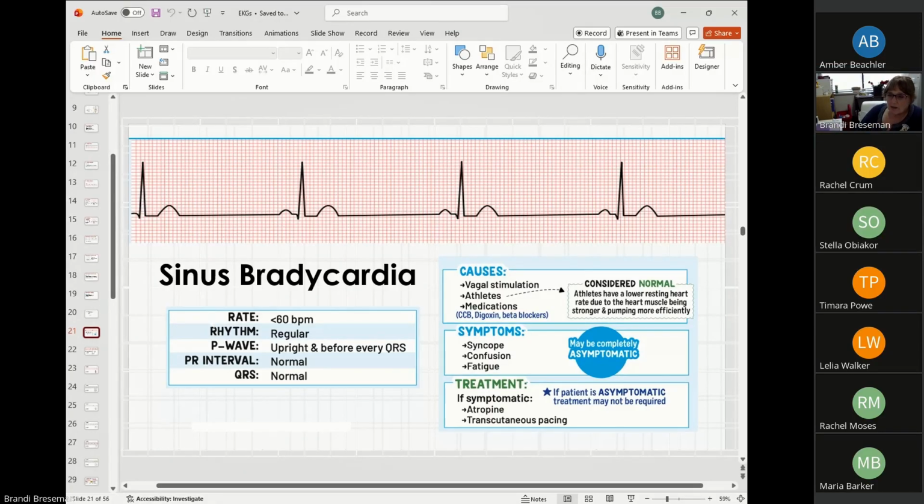Now, what are some causes for this? Vagal stimulation. When we stimulate the vagus nerve, that's why we don't do carotid massages anymore. One of the reasons they say to do carotid massage is to get a heart rate down, but the vagus nerve runs through our neck.